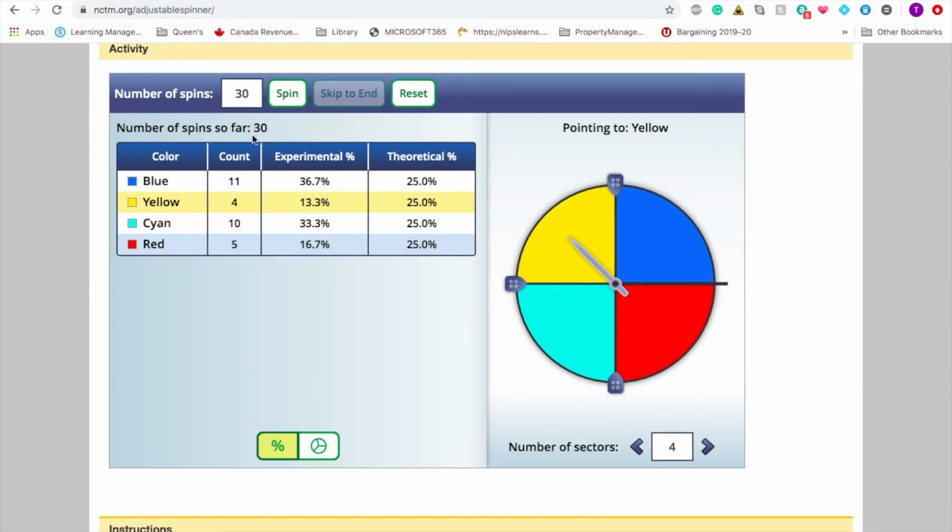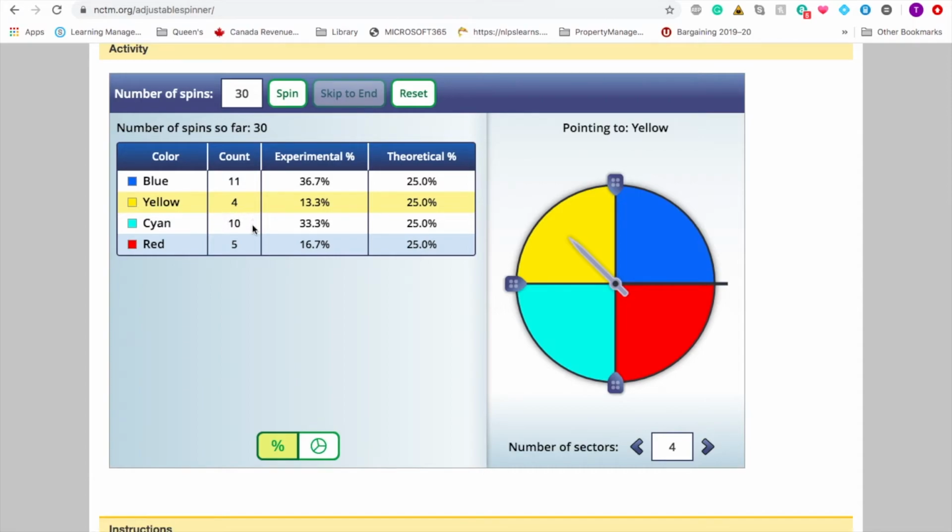After 30 spins have been conducted, we have 11 counts of landing on blue, so the experimental probability is 36.7%. We have 4 counts of landing on yellow, and the experimental probability is 13.3%.